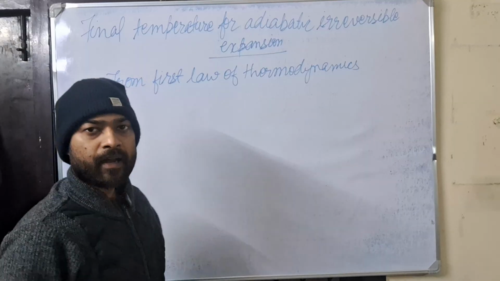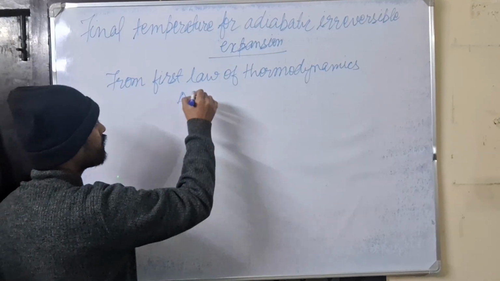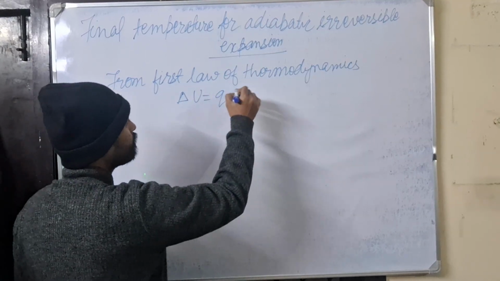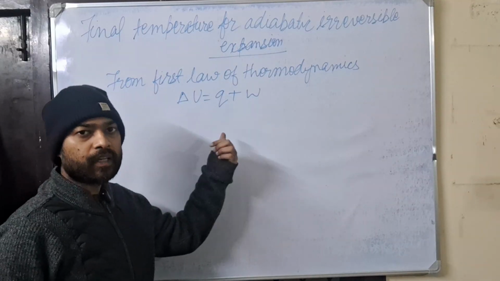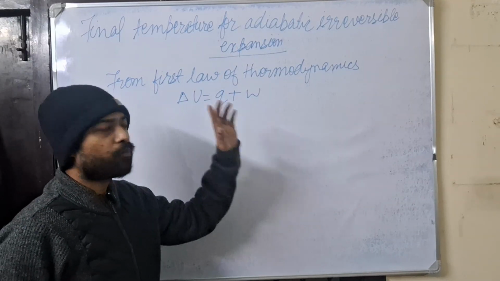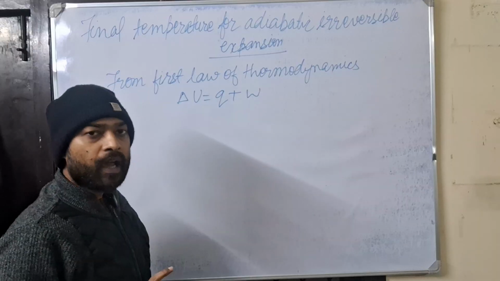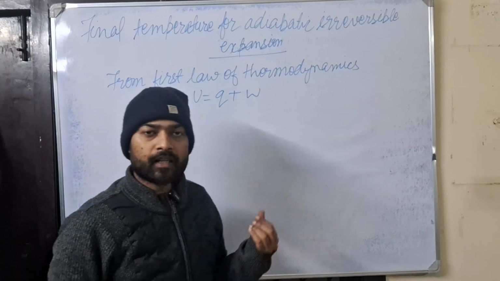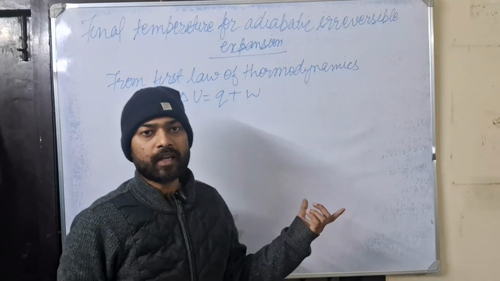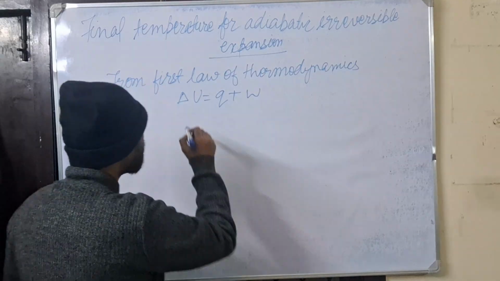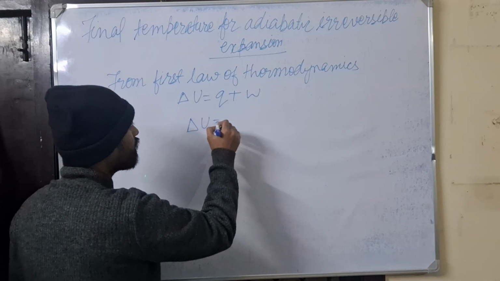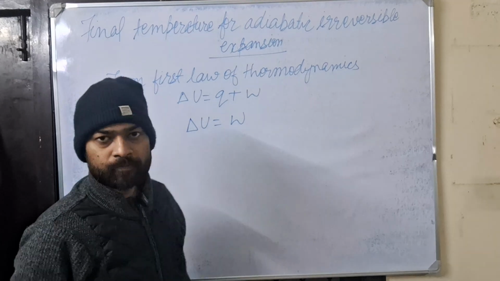What does it say? Delta U is equal to Q plus W, where delta U is the change in internal energy, Q is our heat, and W is our work. We have already said that in case of adiabatic condition, Q will be equal to 0. So in this case, delta U will be equal to W.